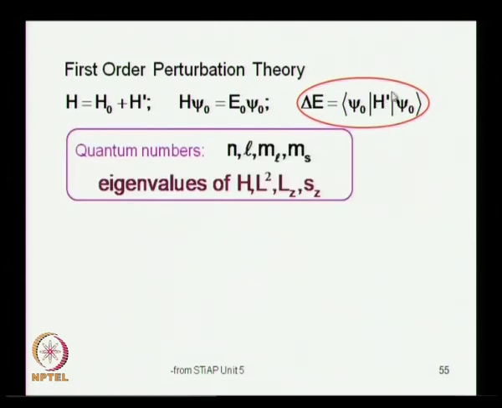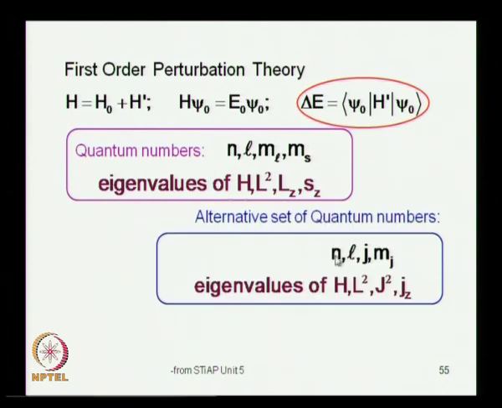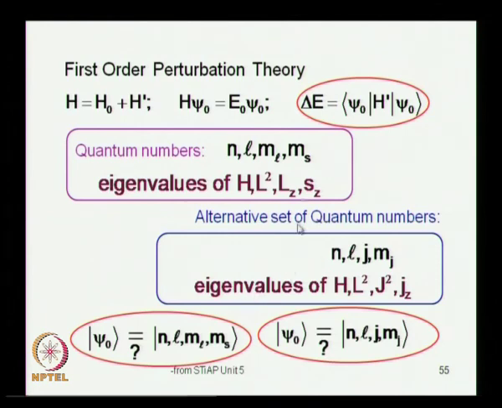And now these states are described by the quantum numbers which are eigenvalues of the operators which commute with each other. So this gives you a complete set of commuting operators. These are good quantum numbers, but then you also have an alternative set of quantum numbers because of the spin orbit coupling. And a question that we discussed in unit 5 was, which set are you going to use? Will you use this set or will you use this set?